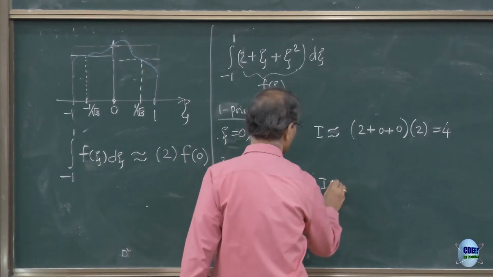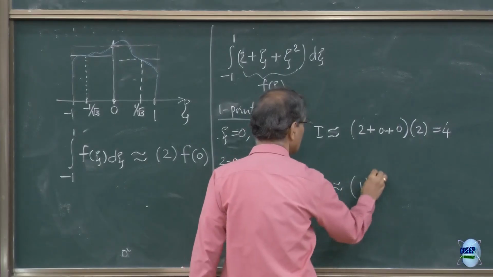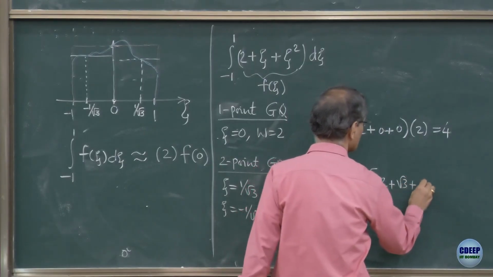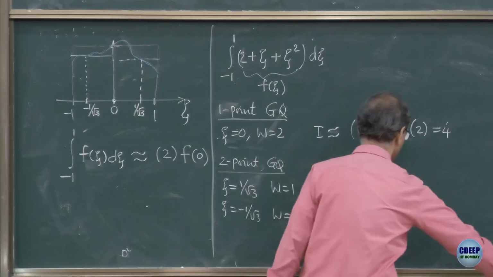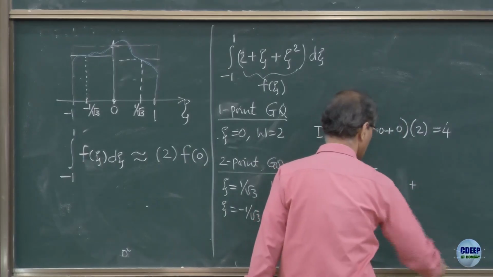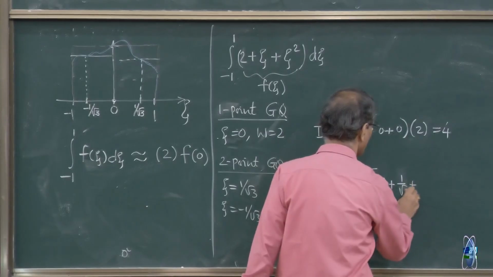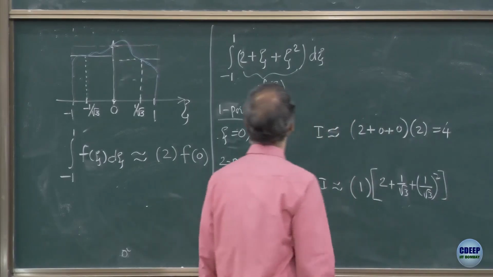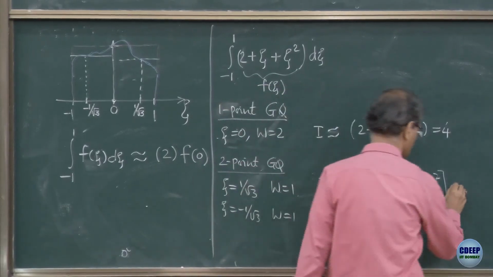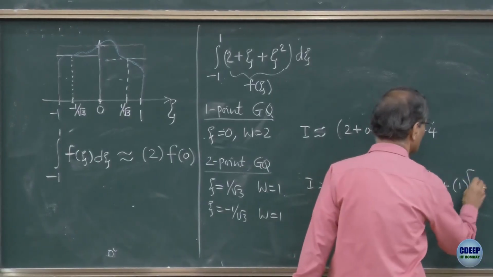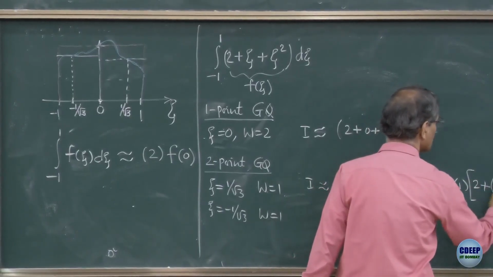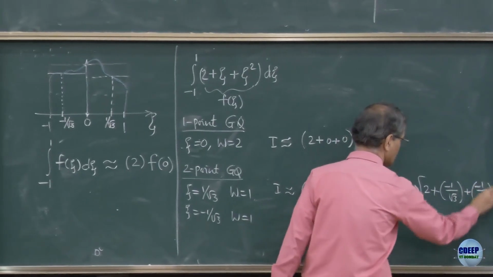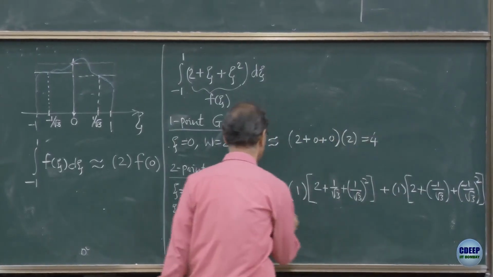So, this is approximately equal to weight 1 into 2 plus 1 by root 3 plus 1 by root 3 squared, plus again 1 into 2 plus minus 1 over root 3 plus minus 1 over root 3 squared. So, check and tell me how much this is.